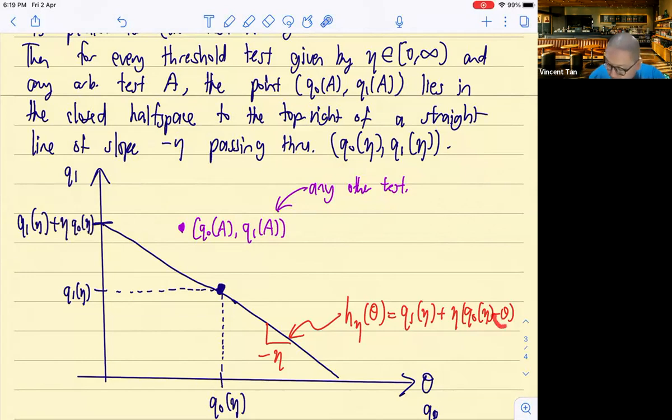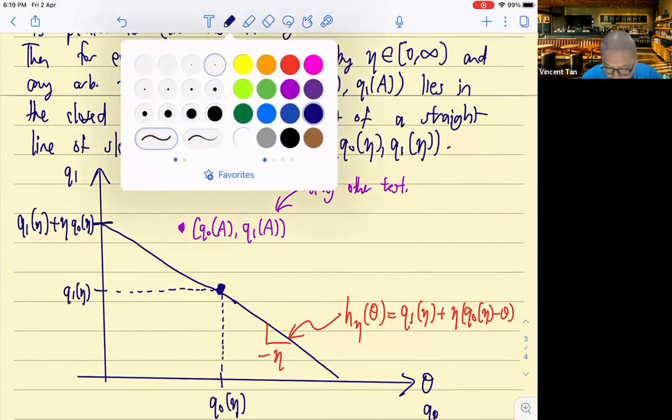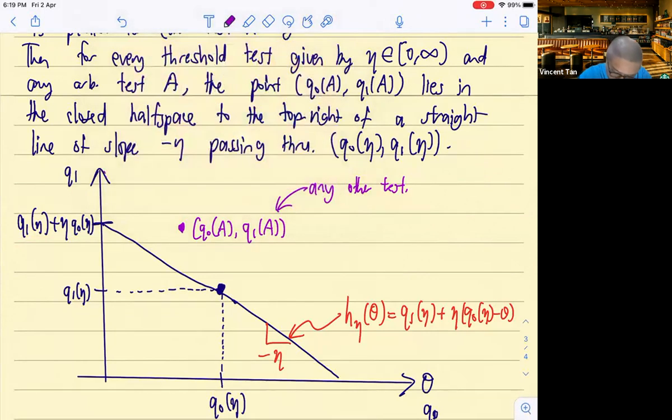Basically I substitute theta equal to 0, and then I get this exactly. Now if I do the same for this other line, with exactly the same slope, I can get this particular line. And this particular point here, sorry, this is not very well drawn, is Q1A plus eta Q0A.